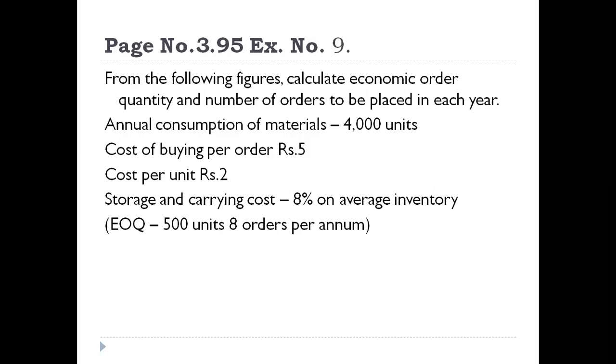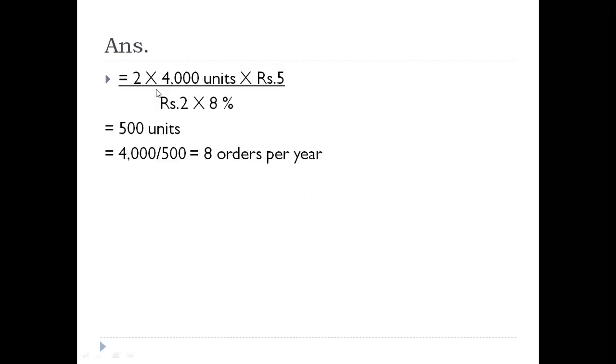The first two you have to multiply in the above. So the denominator, and for the numerator you have to do 2 into 4,000 into 5, divided by rupees 2 into 8 percentage. You get the economic ordering quantity, EOQ. So that amount is 500. So 2 into 4,000 units into rupees 5 divided by rupees 2 into 8%.